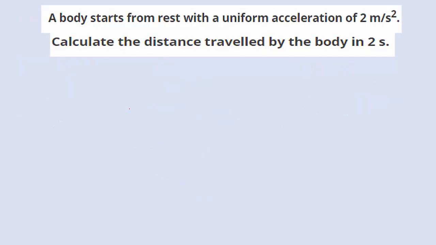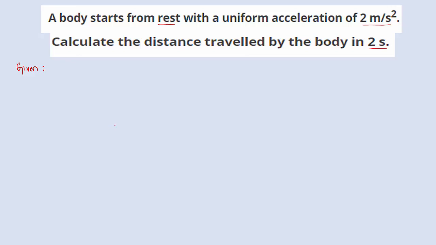A body starts from rest with a uniform acceleration of 2 meter per second square. Calculate the distance travelled by the body in 2 seconds. So first we have to write the givens. Then it is easy to check the suitable formula.